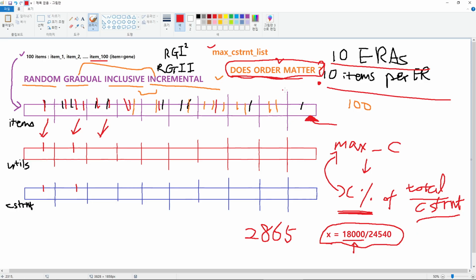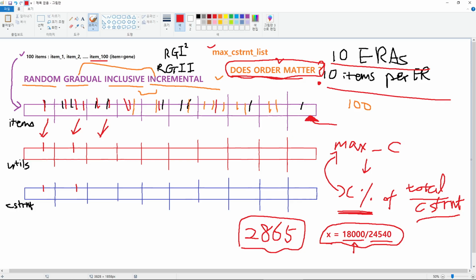And when given 100 items, the total constraint is 24,540. So times that, I would get 18,000. And when the maximum constraint is set to 18,000, if I have 2865, then it means that I have some entities that have hit the true ceiling.